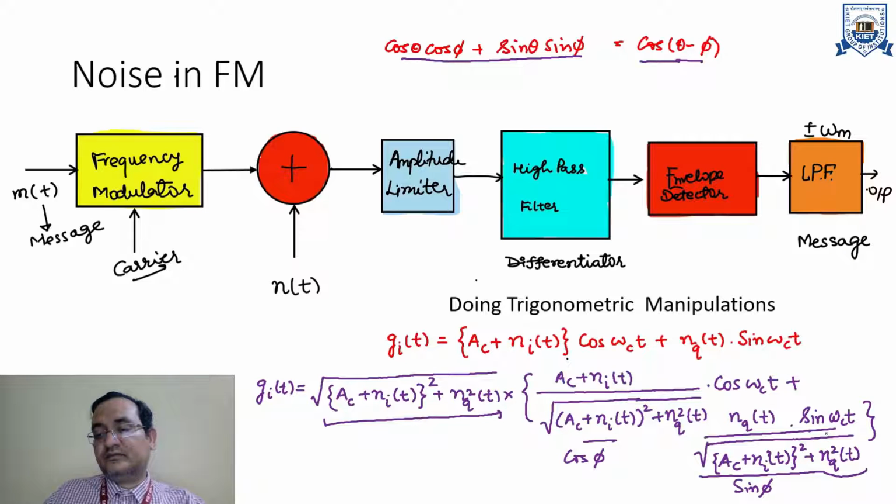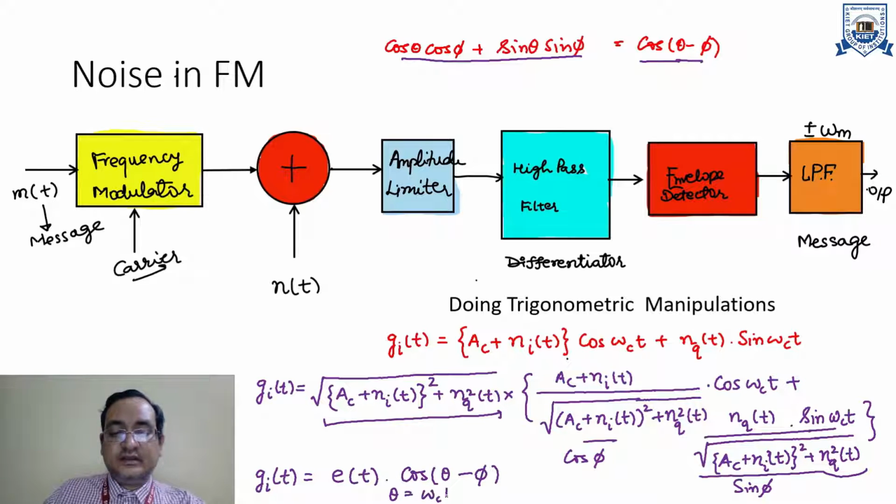This expression, I can write g(t) as, let us suppose this is your envelope voltage, into cos of theta minus phi. Theta is your omega_c t and your phi is equal to tan inverse of the imaginary component divided by the real component, so it will be n_q(t) divided by Ac plus n_i(t).